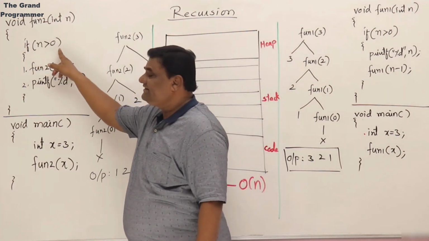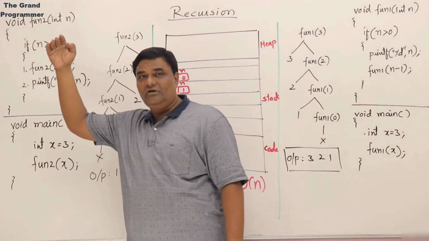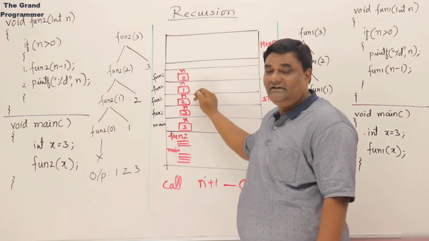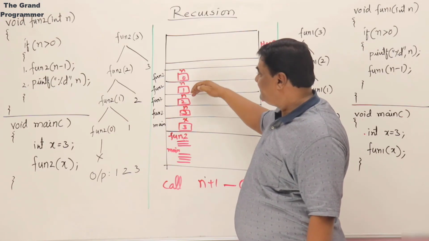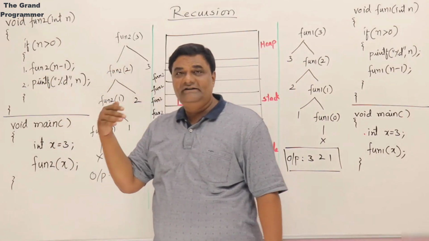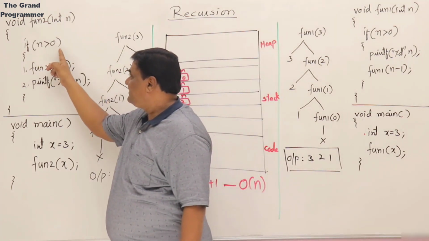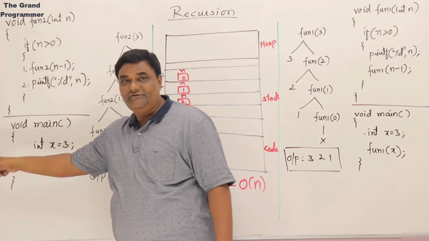Now, is n greater than 0? Yes. Then call again, so it will call with n minus 1. A new call will create this activation record with n equal to 2. Then again it will call, then again it will call, because the first statement is the call, so it's calling itself every time. When n is equal to 0, 0 is not greater than 0, so it will not enter the if block and comes out of the function.